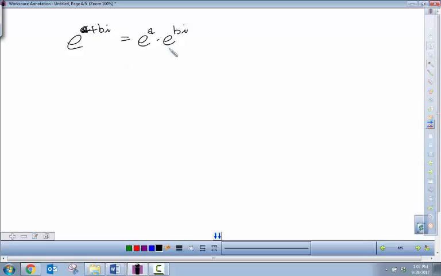And it turns out that this whole thing is equal to the cosine of b plus i times the sine of b. Yeah, so there's a lot of missing parts between the previous page and this page that I was intending to show you, but I can't make the connections in my head right now, so I'm not going to try.